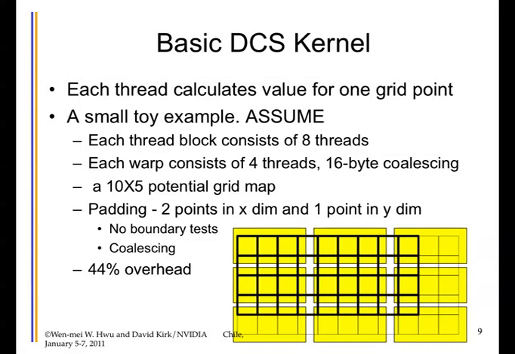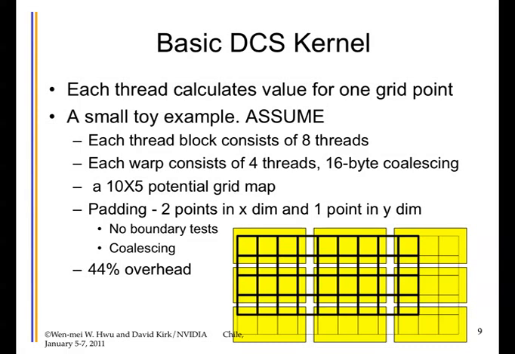And this allows you to write your code in such a way that you don't need to check whether you're out of bounds when you process the grid points. And so in this particular case, let's say I'm using a very small case.